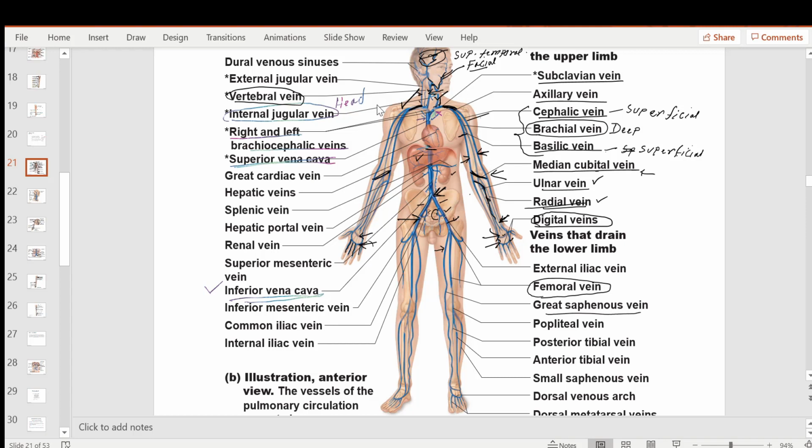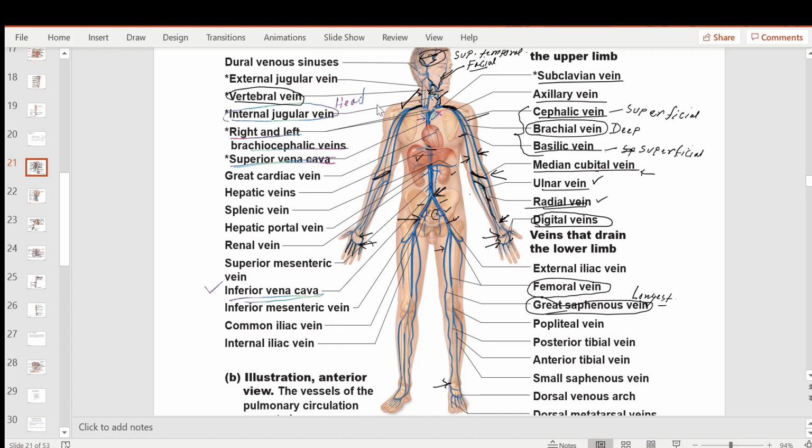You see here, great saphenous vein is the longest vein of the body because it starts from the very upper part of the thigh, right, and goes all the way to the foot. So this is a very long distance and it is a superficial vein.